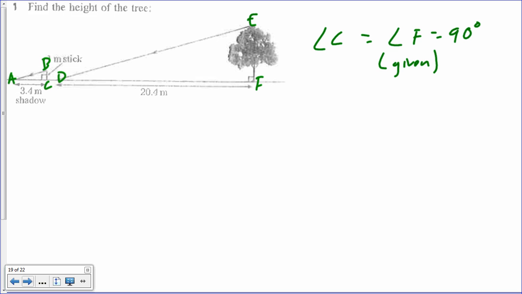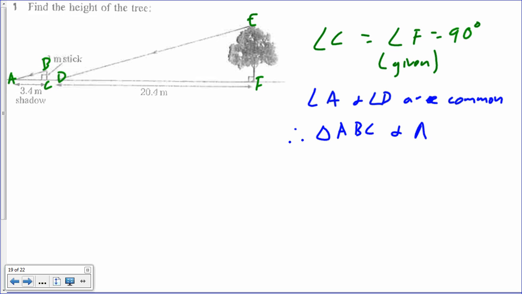And the other one, which is not so obvious, angle A and angle D are common. Not as easy to see there, but they're actually common angles. So therefore, triangle A, B, C and triangle D, E, F are similar.